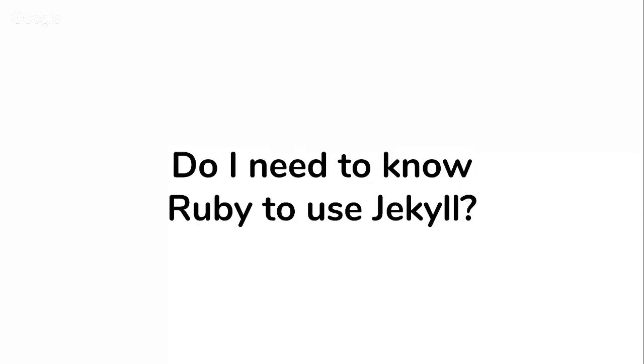But really, that's not a requirement at all. If you do know some JavaScript, you can do some really cool stuff, such as hooking into API services and third-party services to get some more dynamic functionality within your project.